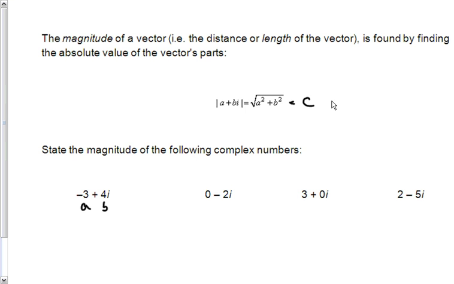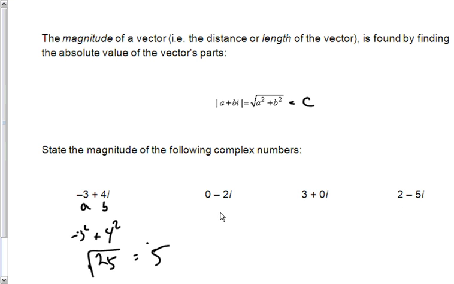So what's nice is the magnitude, which is denoted by these absolute value bars, that might mean something later on, we can find. So like here, isn't it just -3 squared plus 4 squared? Ignore the i with magnitudes. We get that as 25, and you take a square root, which is 5. So the magnitude is 5 units.